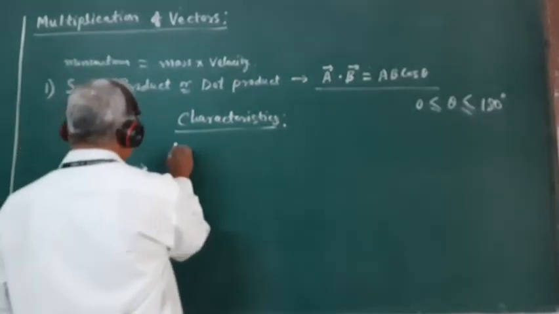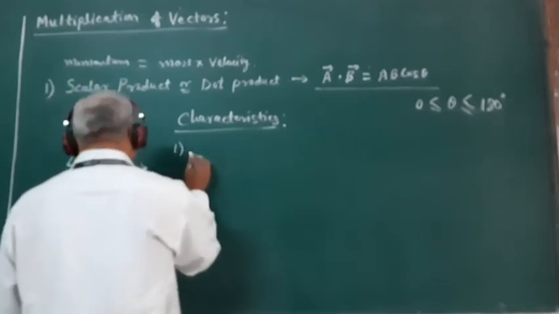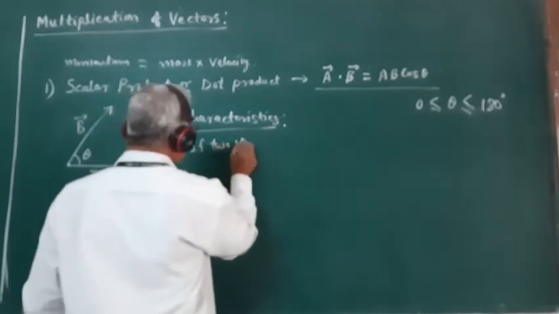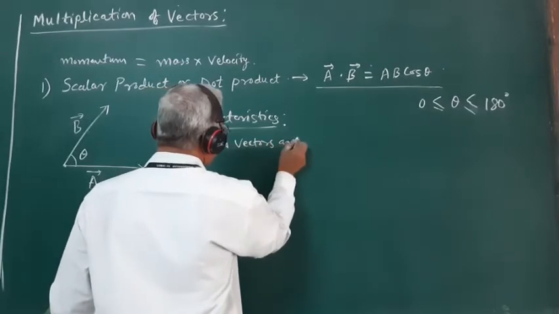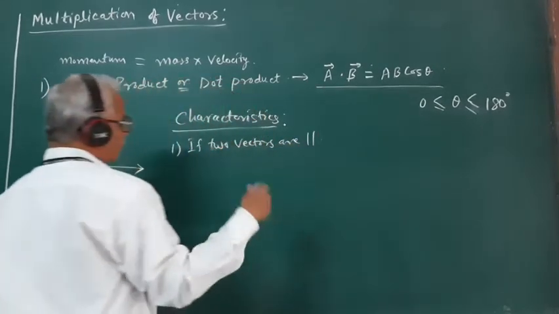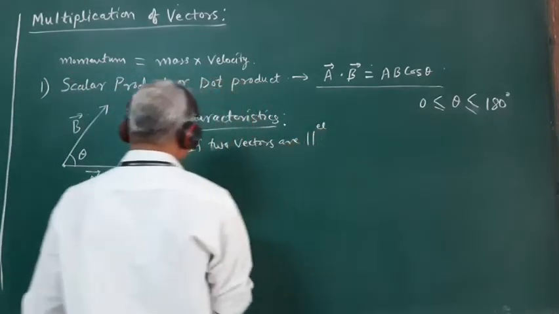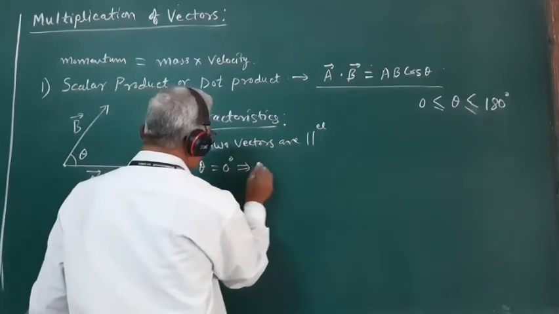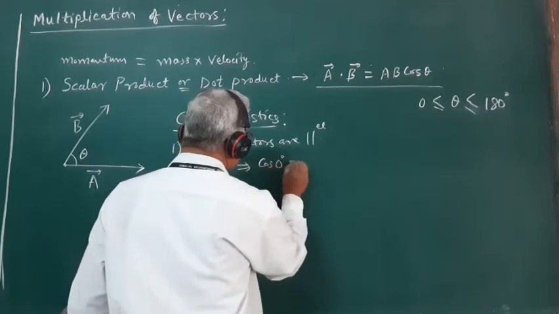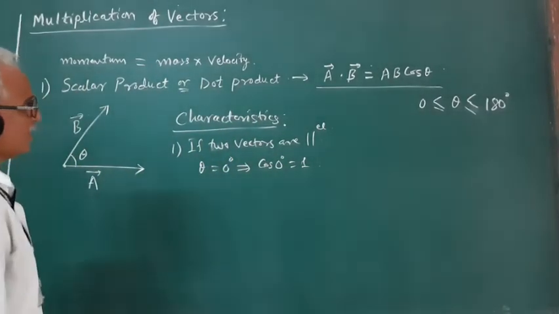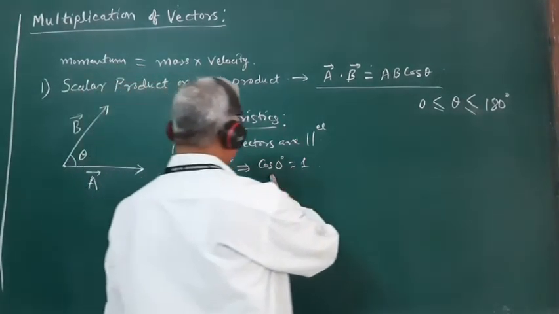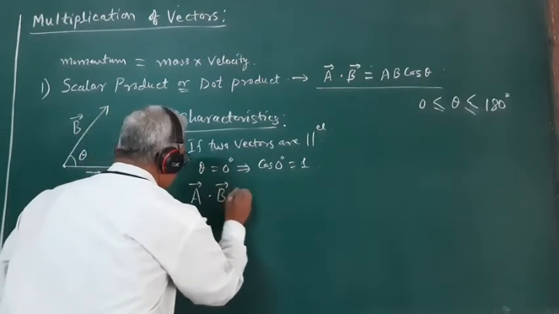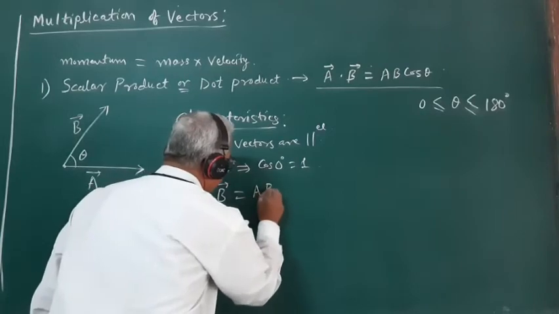The first characteristic of the dot product is that if two vectors are parallel to each other, then the angle theta between them will be 0 degree, so that cosine of 0 degree is equal to 1, and if we substitute the value of cos theta as 1 here, the scalar product of the two vectors then will result as a into b.